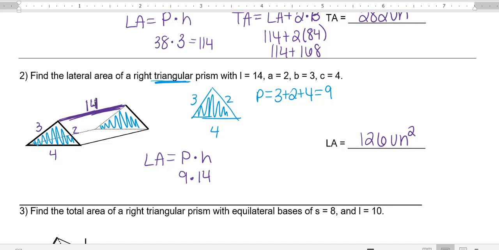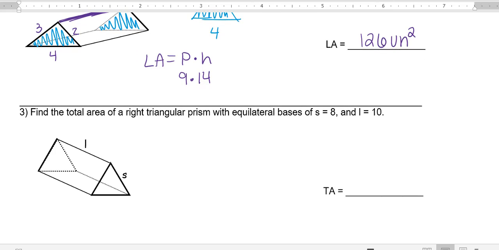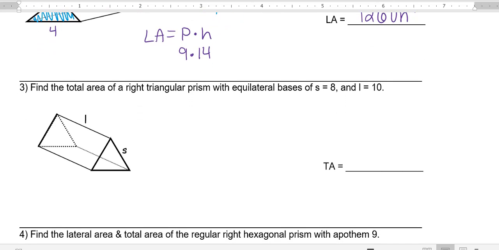All right, continuing on, we have a right triangular prism with equilateral bases, the side of 8 and then that length of 10. So I'm going to plug in those numbers right away. I have my 10 as L, 8 as my S. I am finding this triangular prism, right?